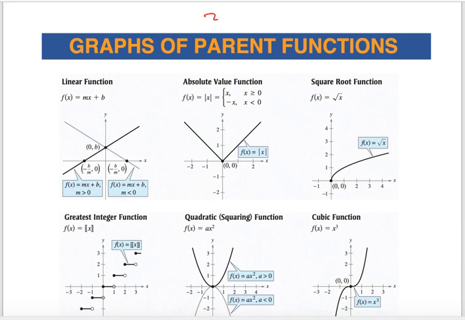It's written inside an absolute value. And we can write this as a piecewise function that we studied in chapter 5, grade 11, in chapter 5, section 2. Square root function, this is a curly shape. It's square root of x and it's increasing from left to right, starting from the origin.